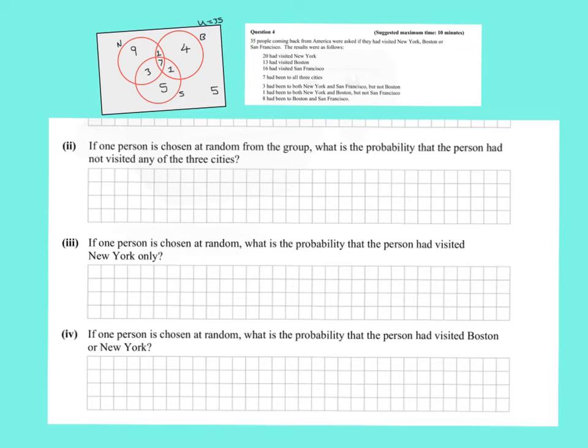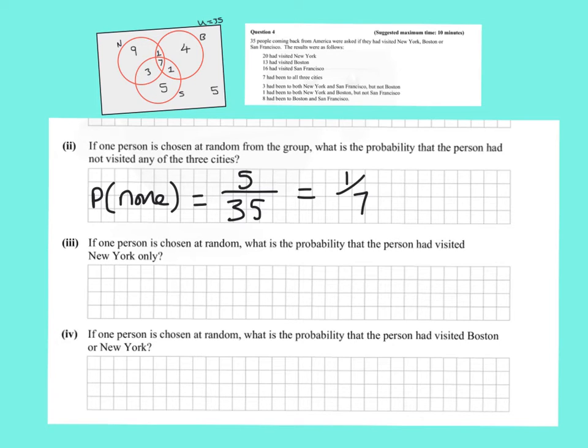So we are looking at 5 over the total. So remember, P none equals 5, my total possible outcomes of that event happening, over my total number of outcomes, that's 35. So I get 1 over 7.